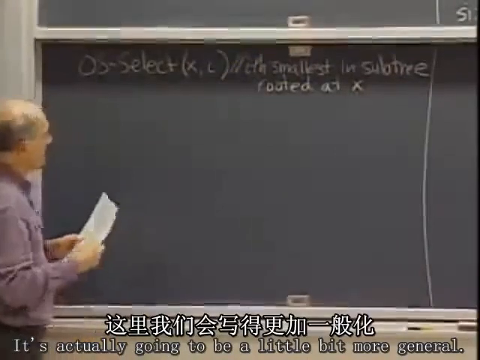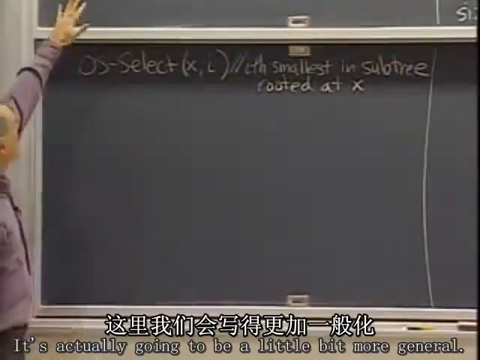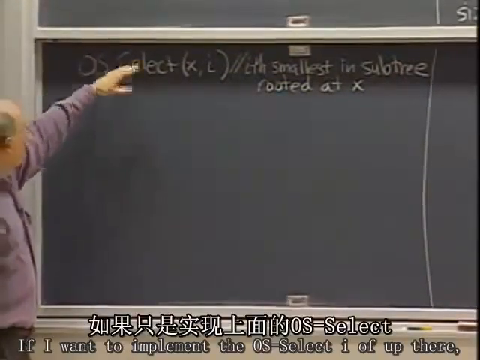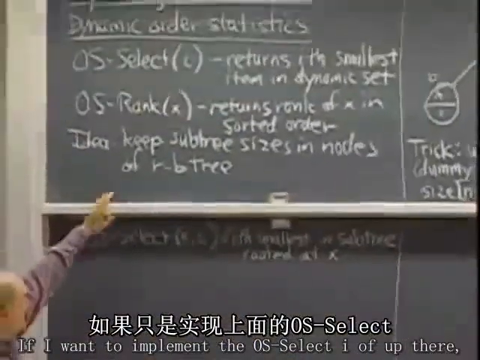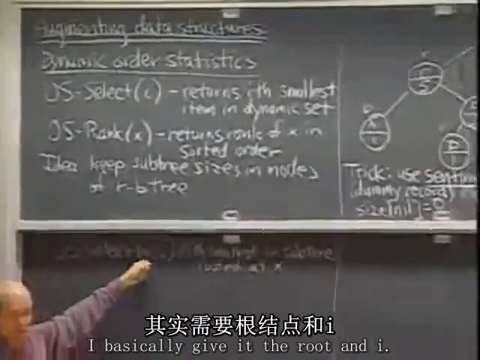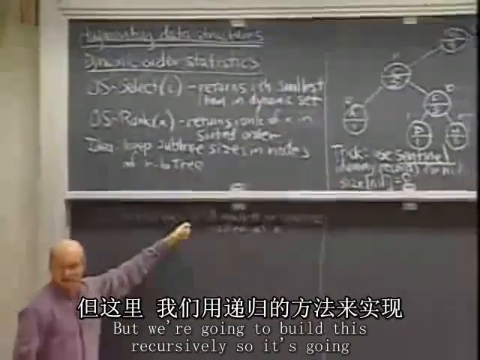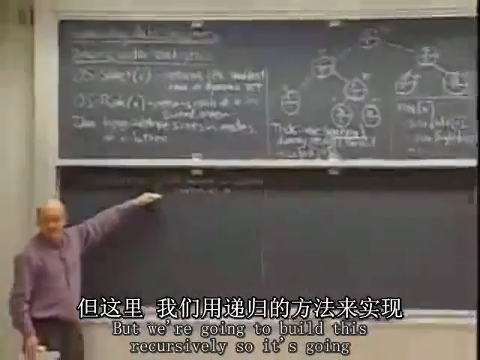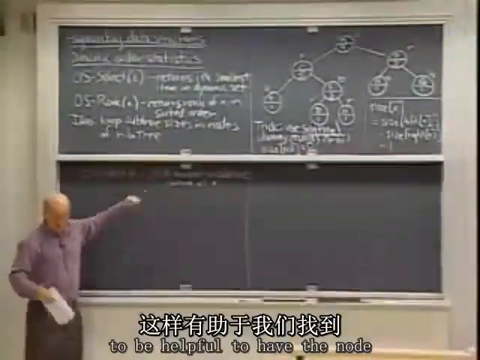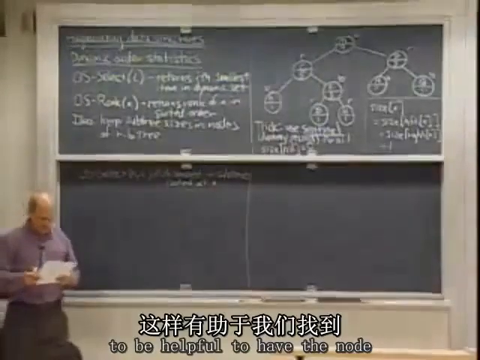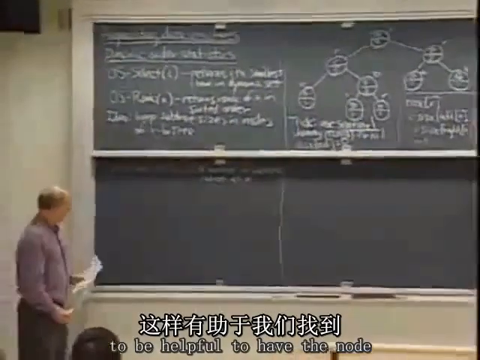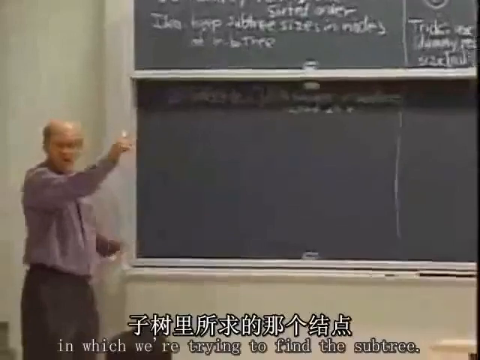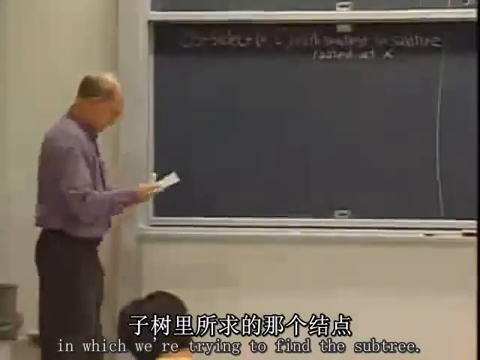It's actually going to be a little bit more general. If I want to implement the OS select I have up there, I basically give it the root and i. But we're going to build this recursively, so it's going to be helpful to have the node in which we're trying to find the subtree.